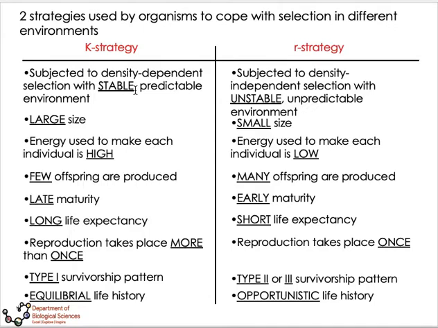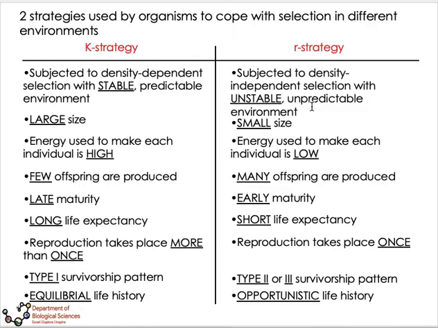So K strategy is subjected to density dependent selection with stable, predictable environment. Itong R strategy naman, unstable, unpredictable environment. So kung ikukumpara mo, R strategies are more resilient to fluctuations. Okay? Kasi organisms which are subjected to different unstable environment will develop what we so-called resiliency on that particular fluctuation.